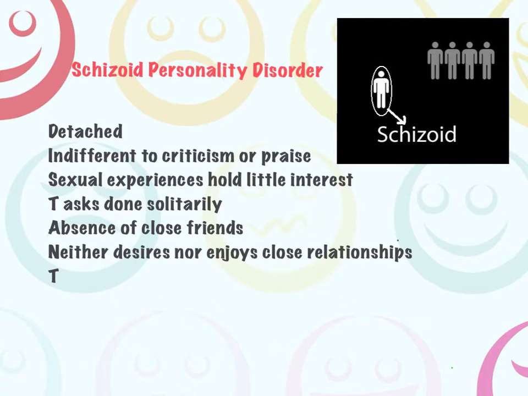So these are people who, even with their brothers and sisters, are very distant most of the time. And the T is for takes pleasure in few activities. So that's your schizoid personality disorder.